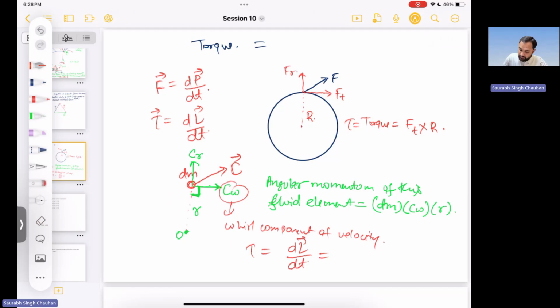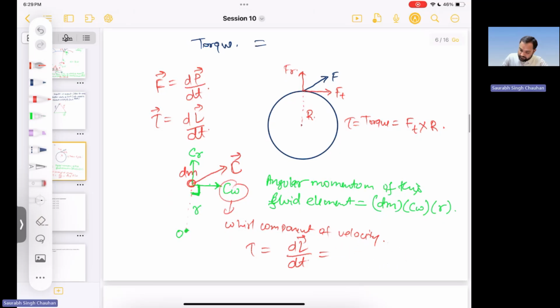Let us say the mass flow rate is constant, and the radius is also constant. Then this is delta L vector, the whirl component.